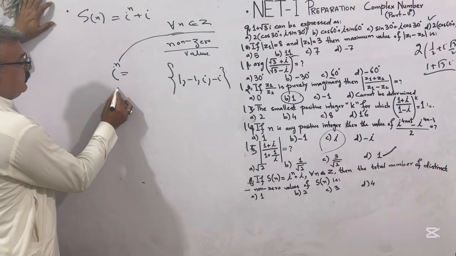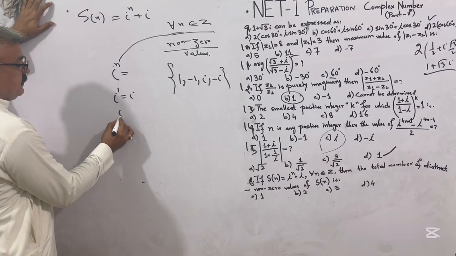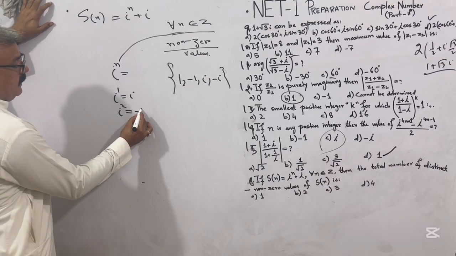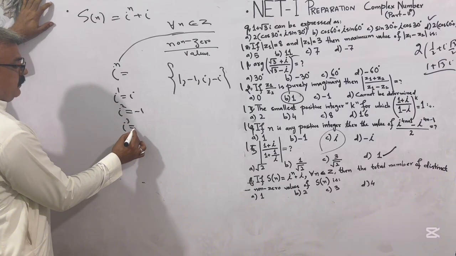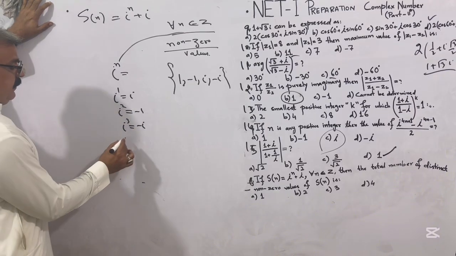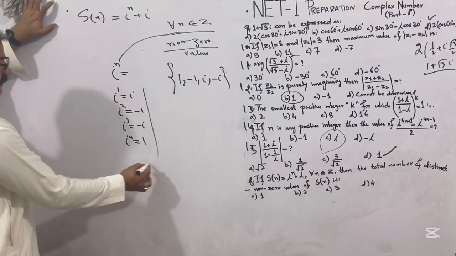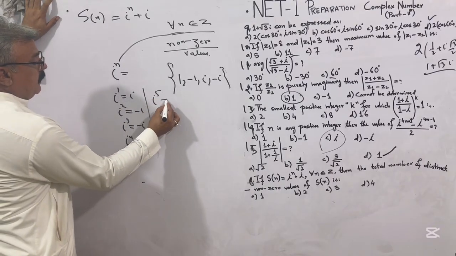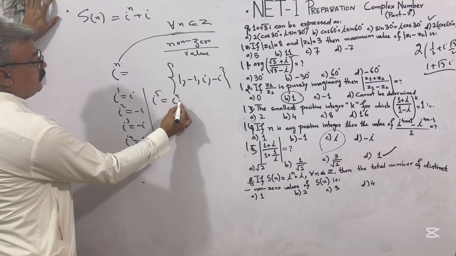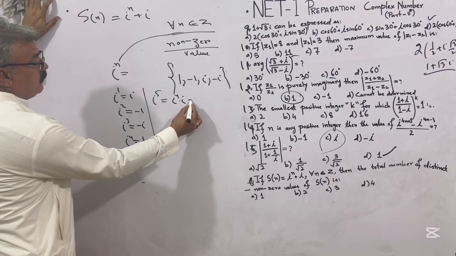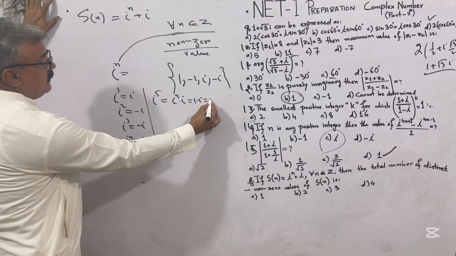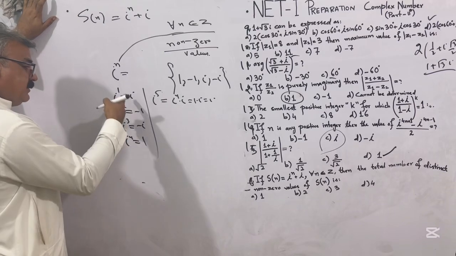Suppose iota power 1, it's iota. Simply iota square is minus 1, iota cube is minus iota, iota 4 is equal to 1. Keep on increasing the power. Iota 5 can be written as iota power 4 times iota, iota power 4 is 1 times iota, that's again iota. The loop repeats.